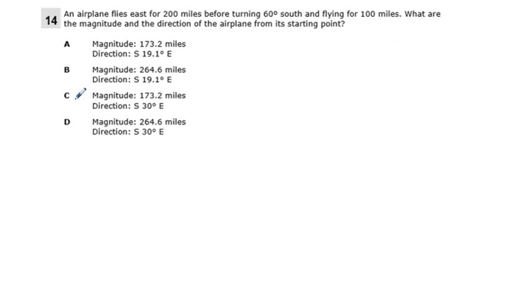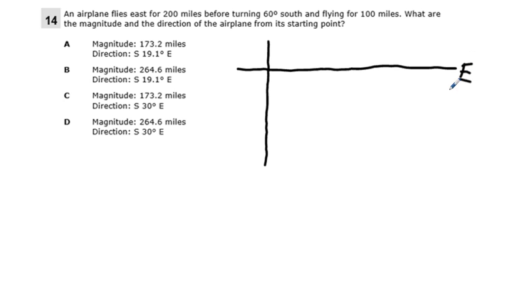Next, 14. An airplane flies east for 200 miles before turning 60 degrees south and flying for 100 miles. And what we're going to do here is put this similar to what we did with that somebody walking. So we set this up like an XY coordinate plane, and here we're going to have east, and we're going to have south here.